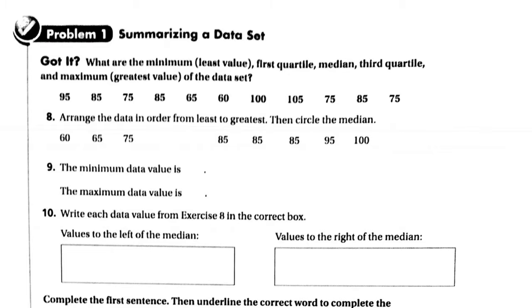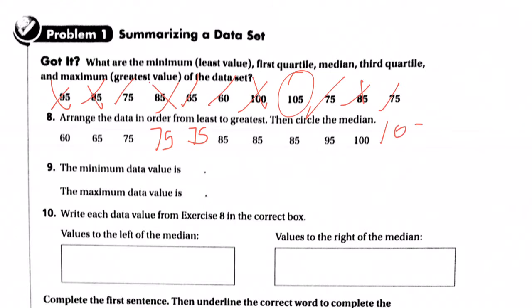So here we have 60, 65, 75, 75, 75, and then it continues going 85, 85, 85, 95, 100, and what's left is 105.